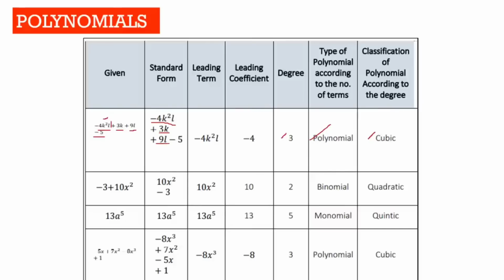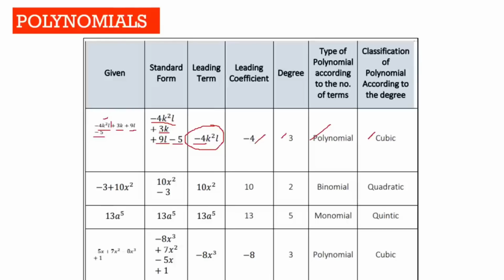We can write 3k and 9L in any order, but since letter K comes first, we write 3k first, and then followed by 9L minus the constant 5. Having that, we can write the leading term, negative 4k squared L. From that, we can take the leading coefficient, which is negative 4.